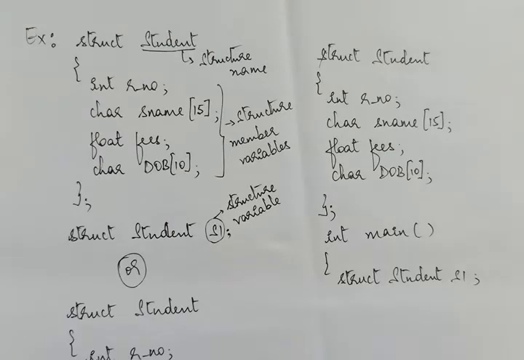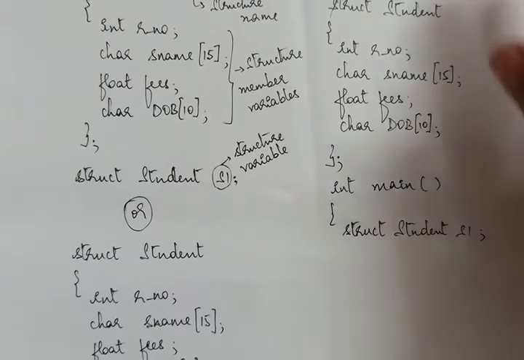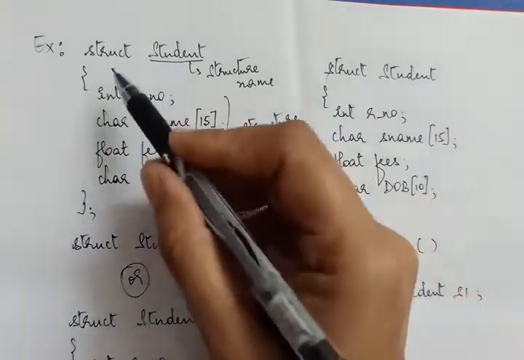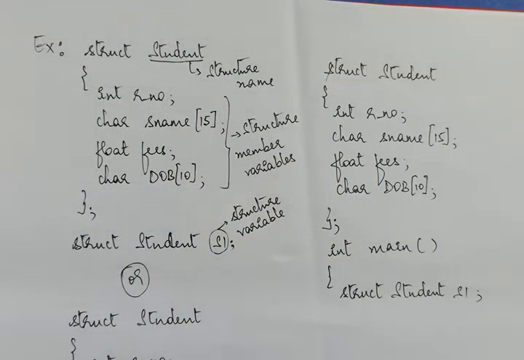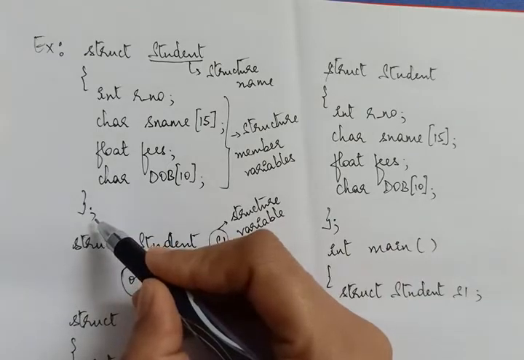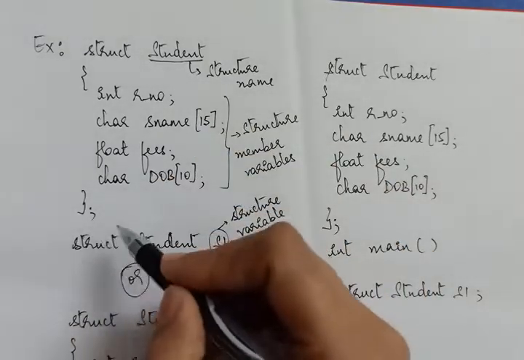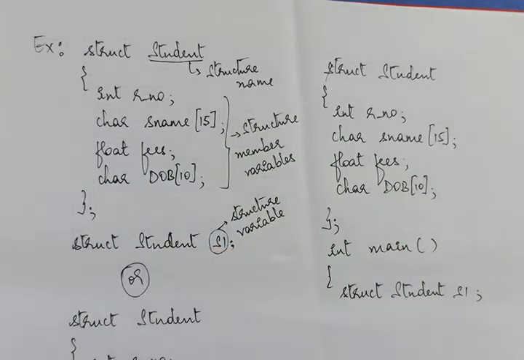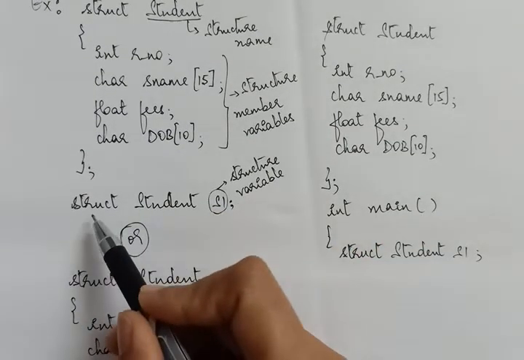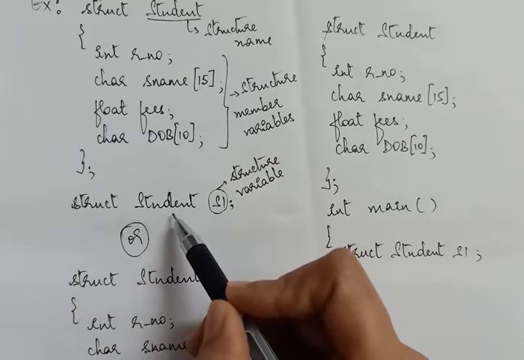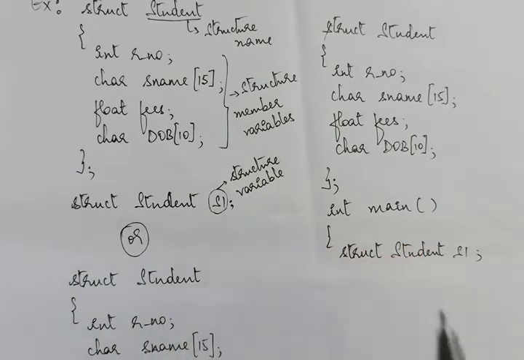There are two ways of creating this structure variable. One is what we have seen. Here you create the template of the structure and you need to terminate it with a semicolon, and you create a variable this way by specifying the keyword struct, the structure name and the variable name.